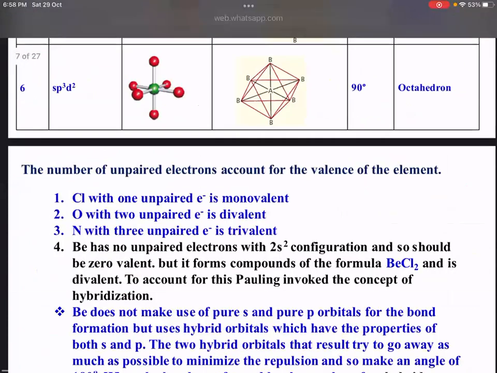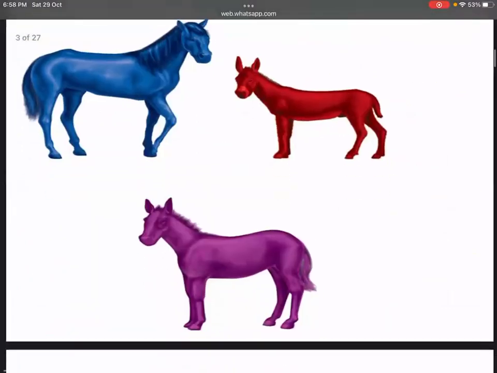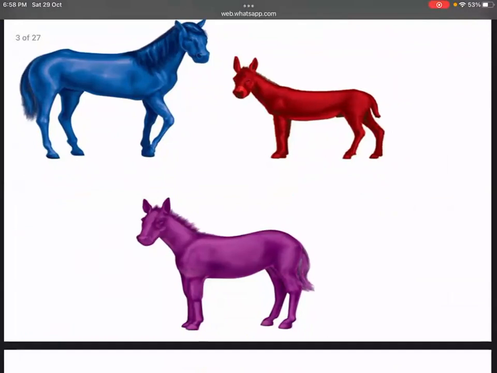So, looking at this, what can you understand from this picture? What is this? Those who are online, please answer. What is this blue color? What is the red color?